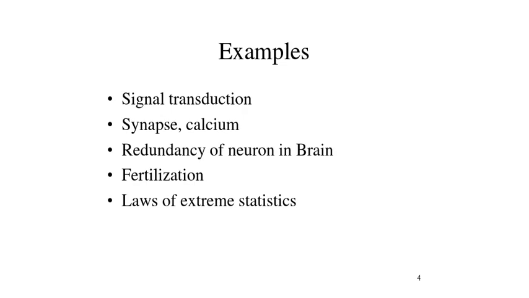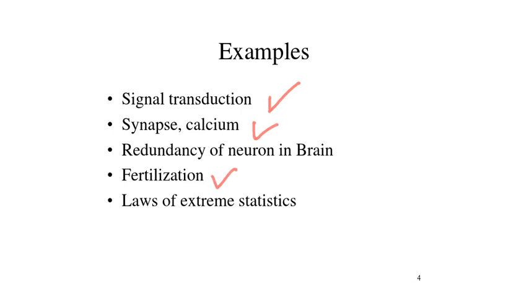So let me continue. To recap, this is important in signal transduction. This is important for synaptic activation. This redundancy principle occurs in many different types of cells, such as neurons in the brain.